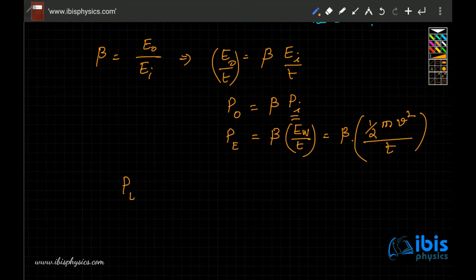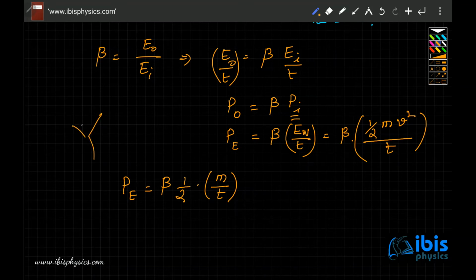So the electrical power output is the fraction converted into electrical energy times half m v square per unit time. Instead, write it as half into the mass of the air per unit time, the mass of the air blowing through the windmill.